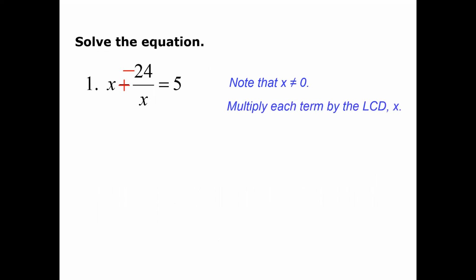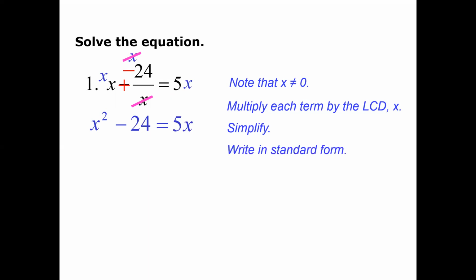So we multiply each term by the LCD x, then we simplify. x times x is x squared, x times negative 24 over x is minus 24, and then 5 times x is equal to 5x.